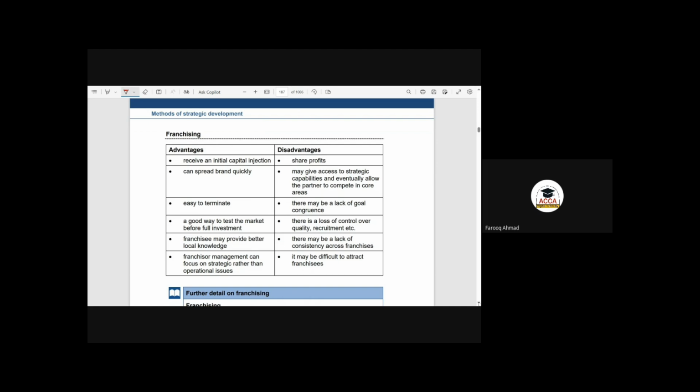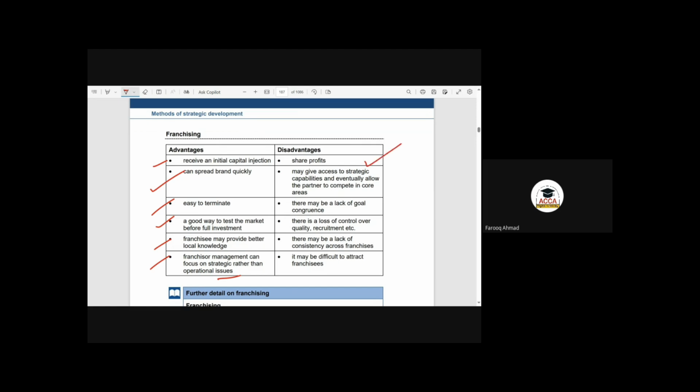Like school education business, many institutes and schools give franchises. So there are advantages and disadvantages. Advantages: receive initial capital injection, can spread the brand quickly, easy to terminate, a good way to test the market. A franchise may provide better local knowledge, and franchisor management can focus on strategic rather than operational issues.